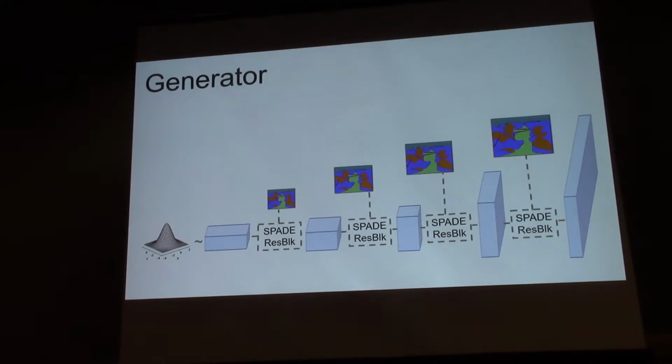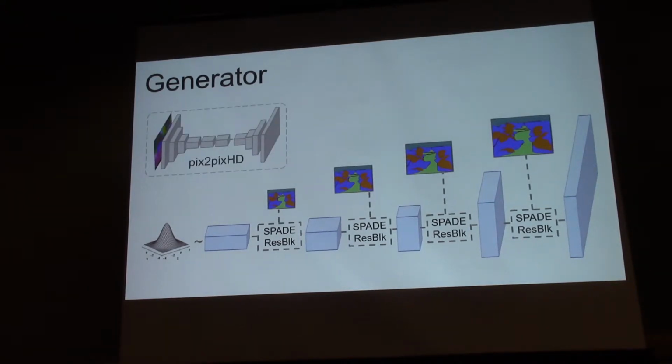Then now we can use the same architecture that's used in many popular GAN generators, which was a ResNet-based architecture. So you start from random noise, and then you gradually upsample the image, but at each ResNet block, we're going to feed in the semantic map to provide the semantic information.